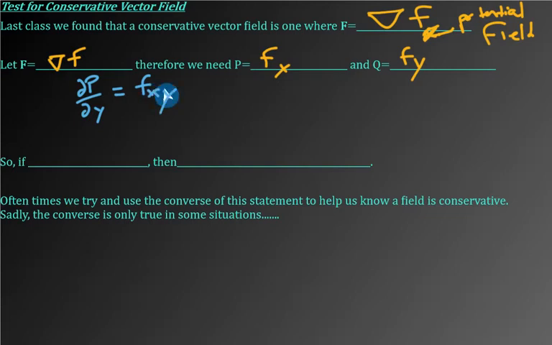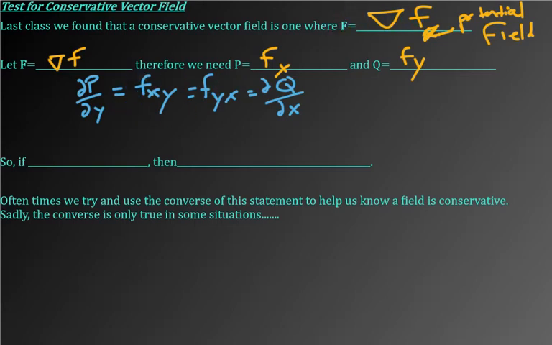But the mixed partials, you can do them in either order. You can do f with respect to x, then y, or y then x. Does not matter. So this should be the same as f_yx. But that is the same as the partial of Q with respect to x. And so it kind of implies another. So this is going to basically give us a more concrete way to do this.